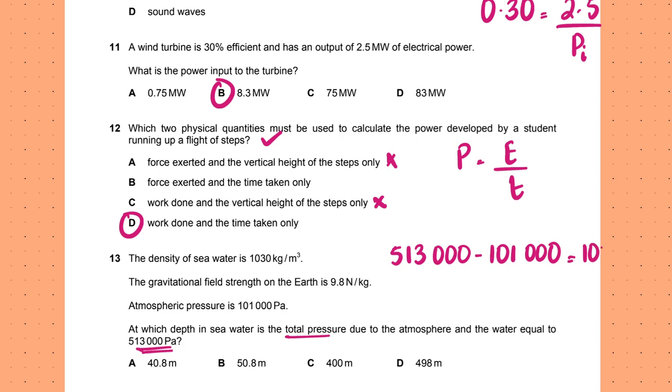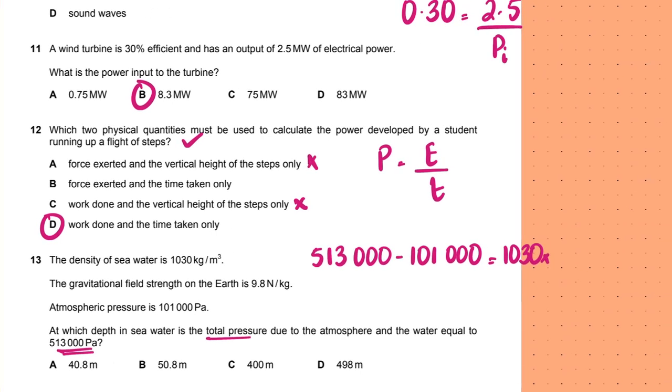Rho is 1030, g is 9.8, and h is the depth which I need to find. So just calculating this. So this turns out to be 40.8, hence option A.